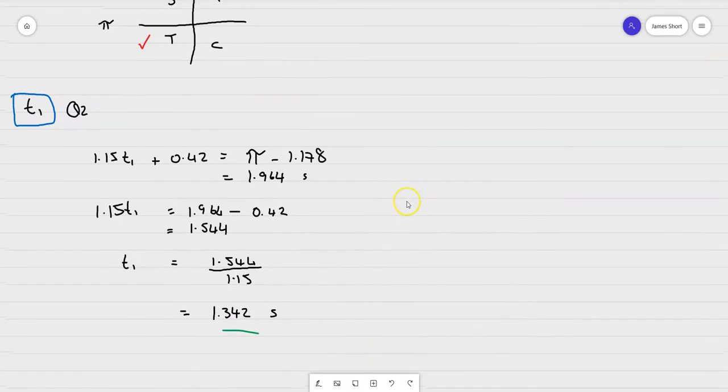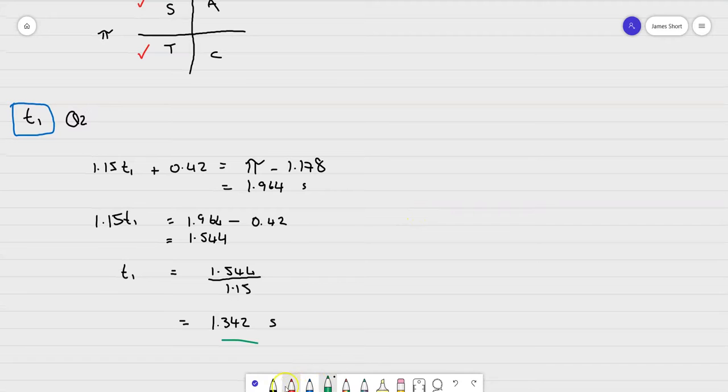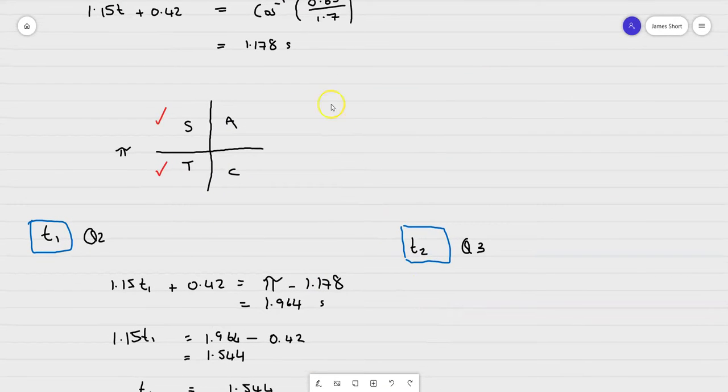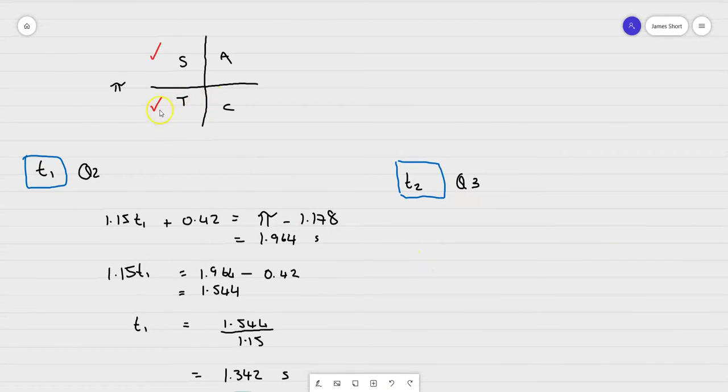Okay, so let's go to the other side and calculate T2. We're going to be in quadrant 3 for this, and it's going to be pi plus this 1.178 that we calculated earlier on. We're in quadrant 3, so it's going to be pi plus that to get our angle.